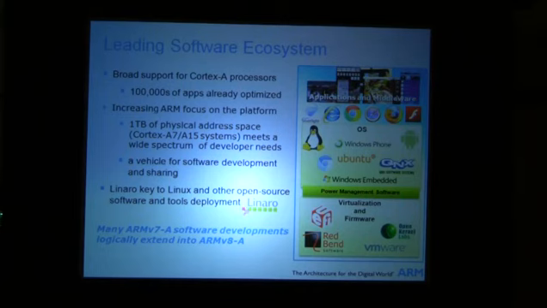So moving on from that, that's really all I've got to say about the A7 and A15 themselves. But if you look at the ecosystem and all the software, there's a very broad range of support already for A-class processors. And of course, all this software does run. So software on A5s, A8s, A9s all runs on these processors. The one thing that these designs bring, with the large physical address spaces, is that we've now got 1 terabyte of address space.